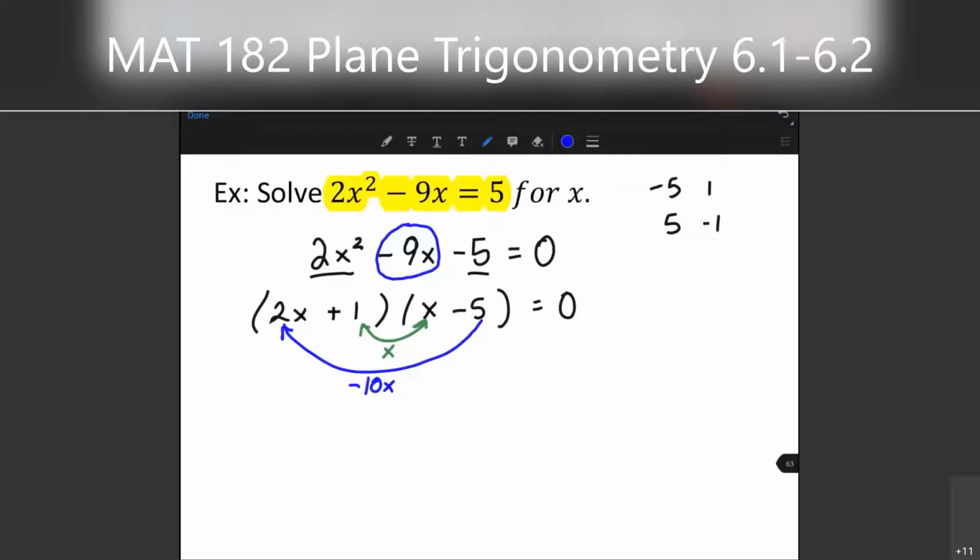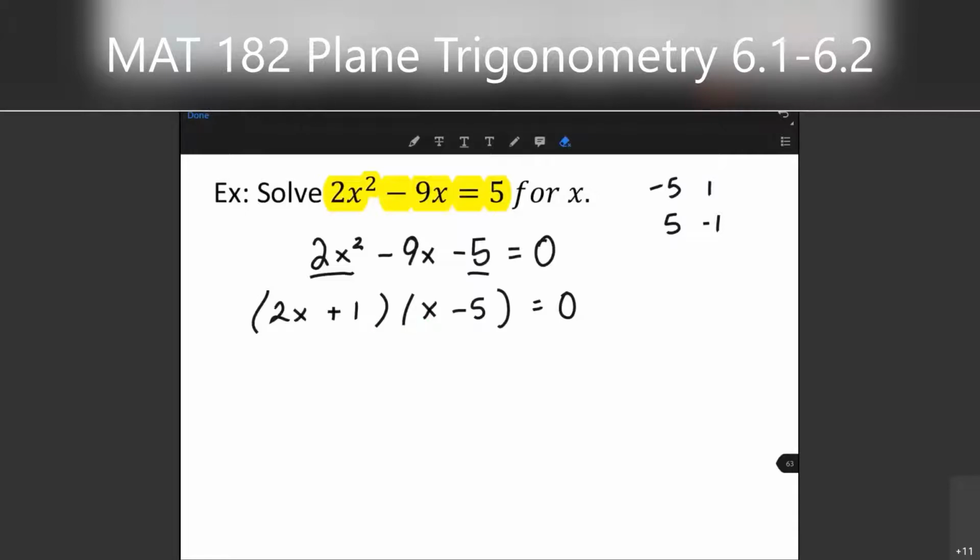But again, this is just a little bit of review for algebra. If you have a technique that you like to use for factoring, by all means, use that technique. So anyway, we have our factoring here, and we would solve the rest by setting each of these components equal to 0.